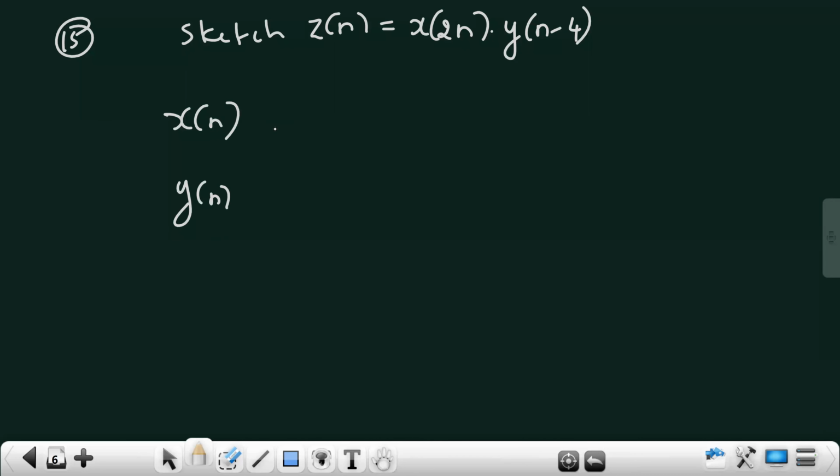I'm not there to explain this completely, but I will give a clue, and after that you need to do that. X of n is 3, 2, 1, 0, 1, 2, 3. In that, under 0 it is given as an arrow mark.